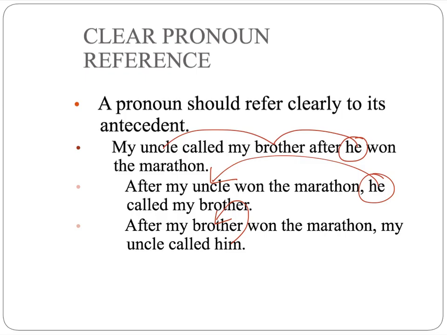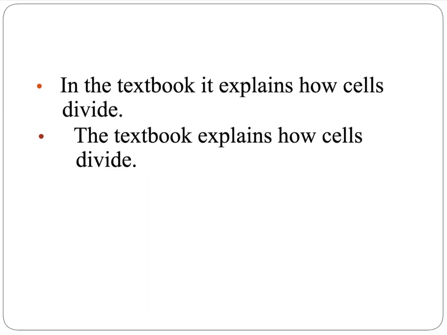A very common writing style is as follows. Sentences like, in the textbook, it explains how cells divide. Let's take a look at the grammar of that sentence. Explains is the verb, it is the subject, how cells divide is a clause, and we have this prepositional phrase.